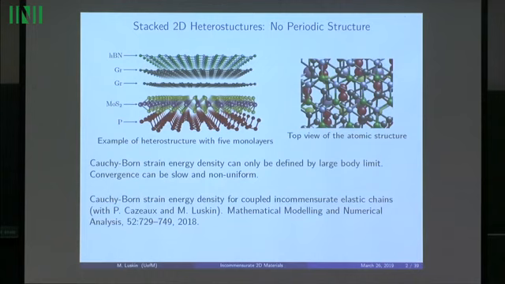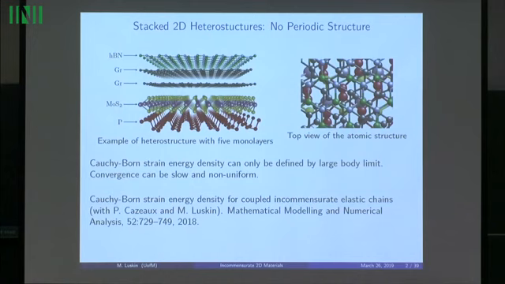But if you don't have periodicity, how might you define a strain energy density? You might take a large body limit of 2 incommensurate layers, or even 2 incommensurate chains, and ask how the energy per unit length or unit area converges as the size of the body goes to infinity.